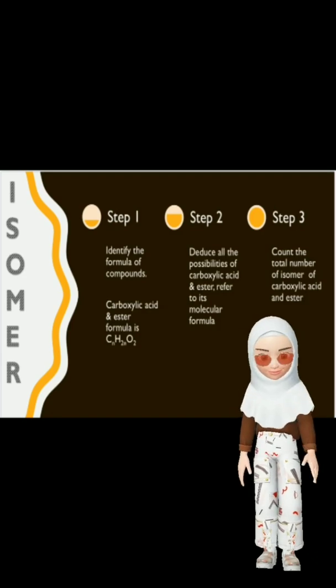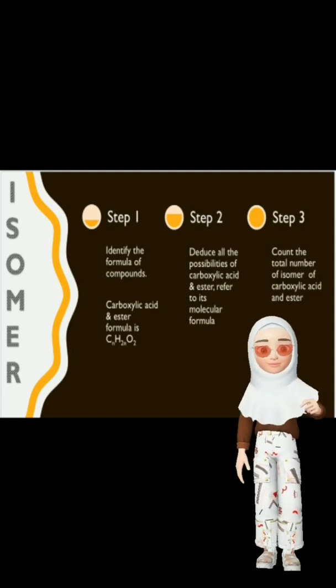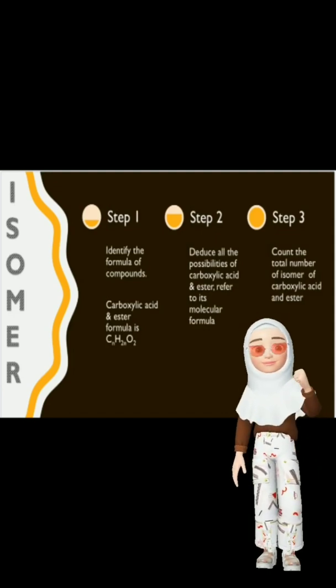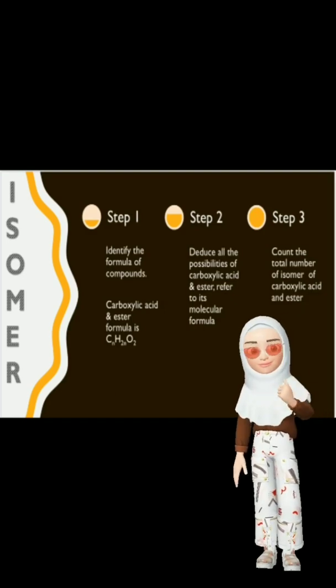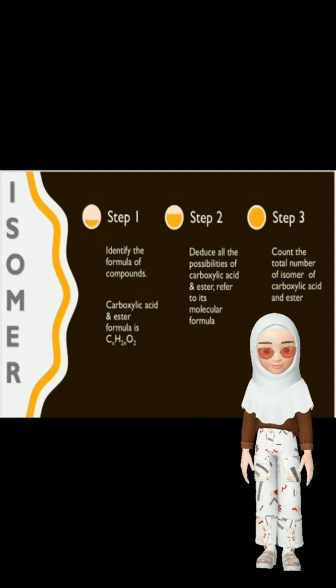Step 1: identify the formula of the compound. Carboxylic acid and ester formula is CnH2nO2. Step 2: deduce all the possibilities of carboxylic acid and ester, referring to its molecular formula. And last is to count the total number of isomers of carboxylic acid and ester.